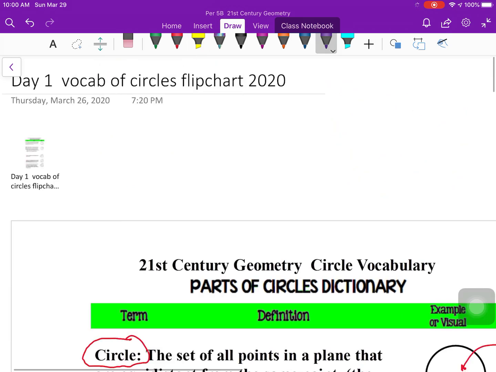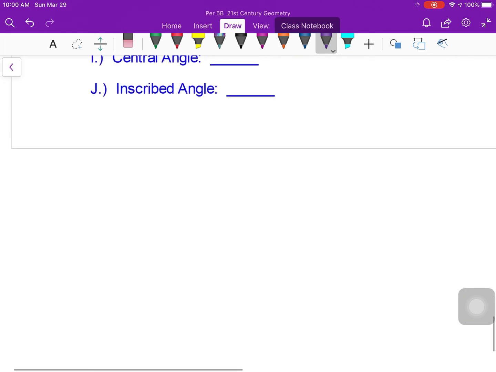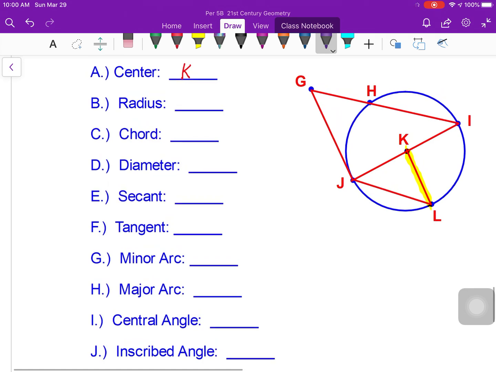This one, for instance, would be a radius. So we could call it KL, that segment. Or we could call it KI, that would be another one. Or KJ. All of those would work. Now, of course, you only have to name one.